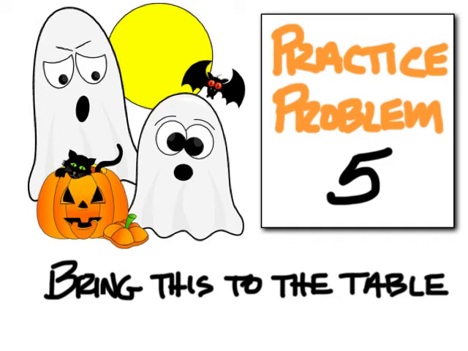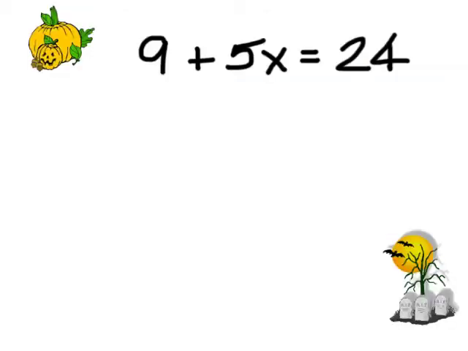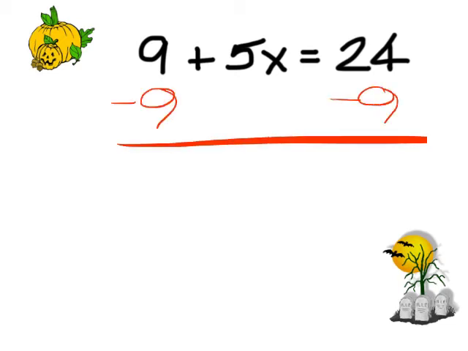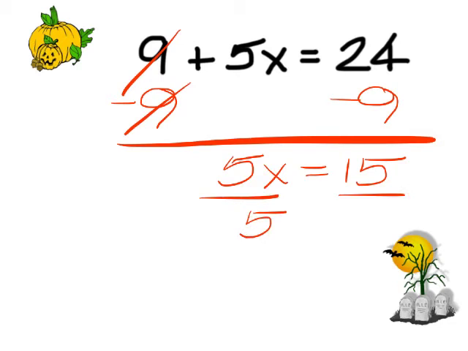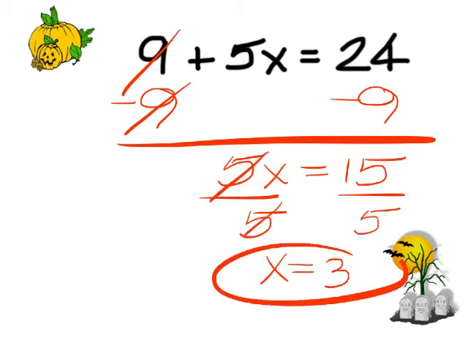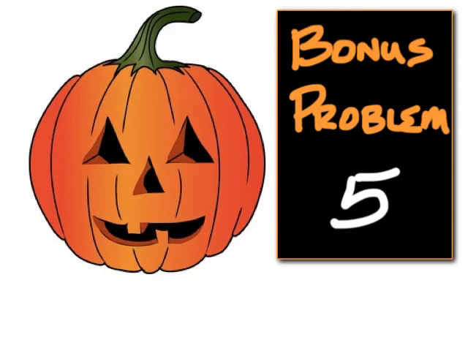Practice problem number 5. On the practice problem, subtract 9 from both sides. You get 5x equals 15. Divide both sides by 5, and the answer is 3.